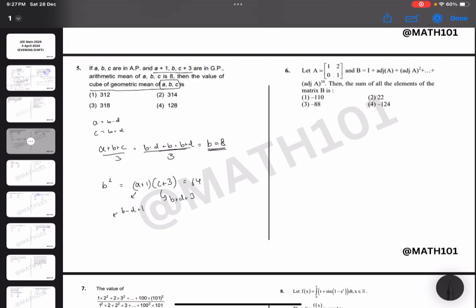B is 8, so this becomes 9 minus D, and this becomes 11 plus D. So 9 minus D into 11 plus D equals 64, which means D equals 5 or minus 7.